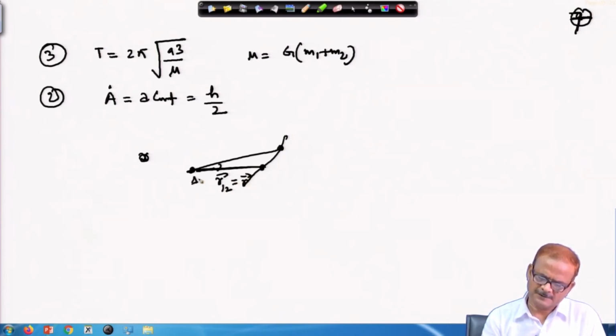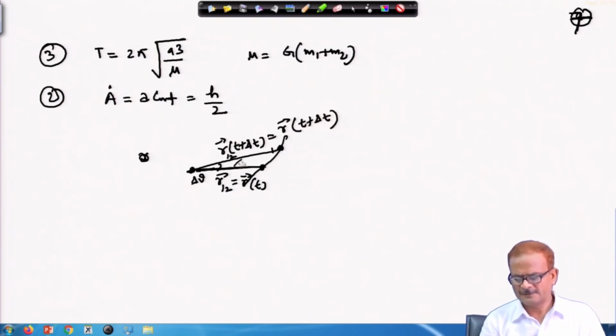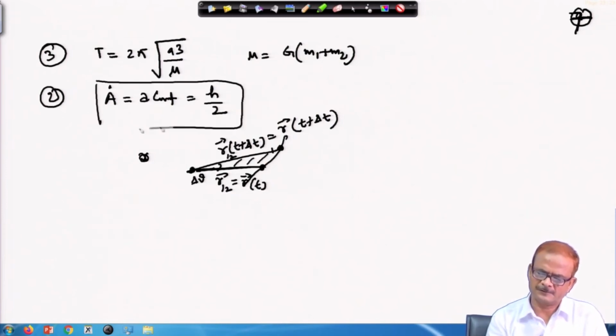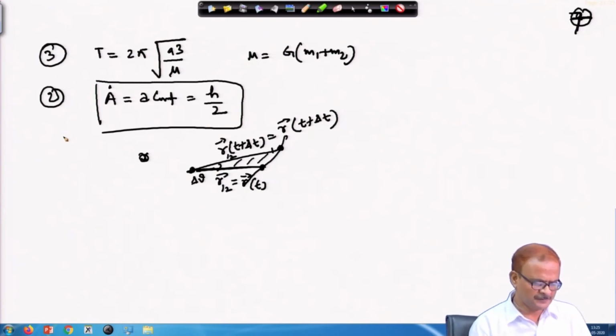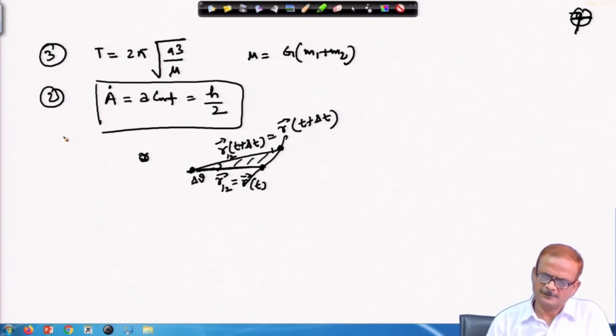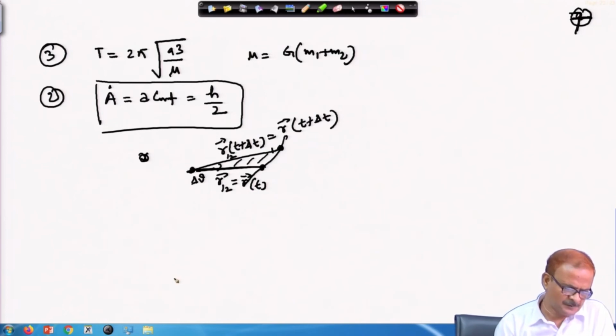This angle is delta theta, this is at time t and this is at time t plus delta t. Taking this area and its rate of change, we have derived this part. I am not going to work out this, you can do it yourself, these are very simple things to work out.